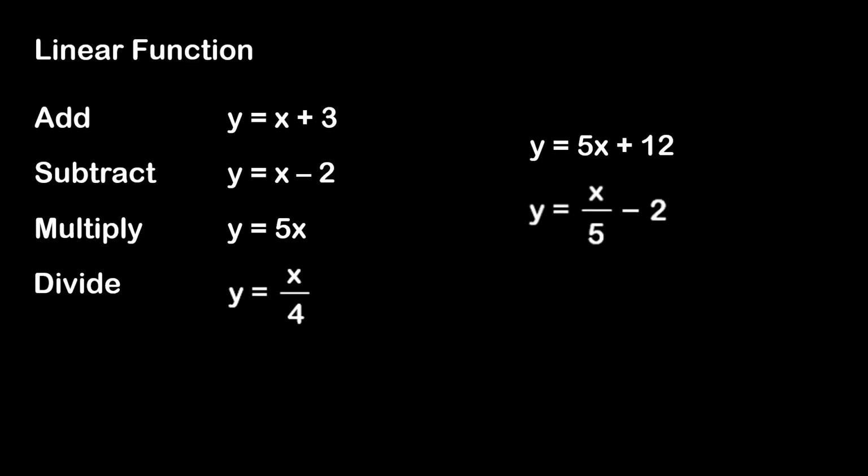Here we're dividing x by 5 and then subtracting 2, so we're using the operations of subtraction and division. And finally, y is equal to negative 3x plus 8 is another example of a linear function. In this case, we're multiplying x by negative 3 and then adding 8, so we're using addition and multiplication. And again, we're allowed to use those operations.